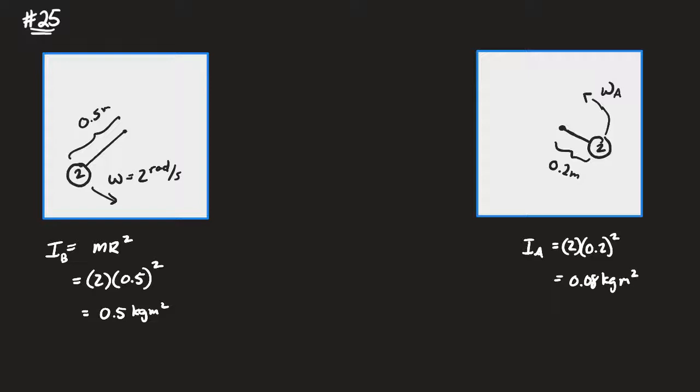Now, angular momentum is a conserved quantity. That means that the angular momentum of the puck before you pull the string has to be equal to the angular momentum of the puck after you pull on the string. So I should use consistency.